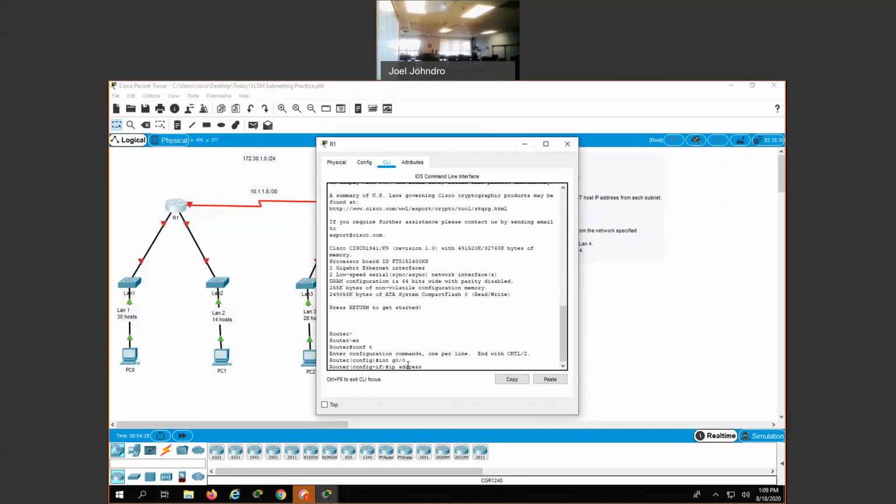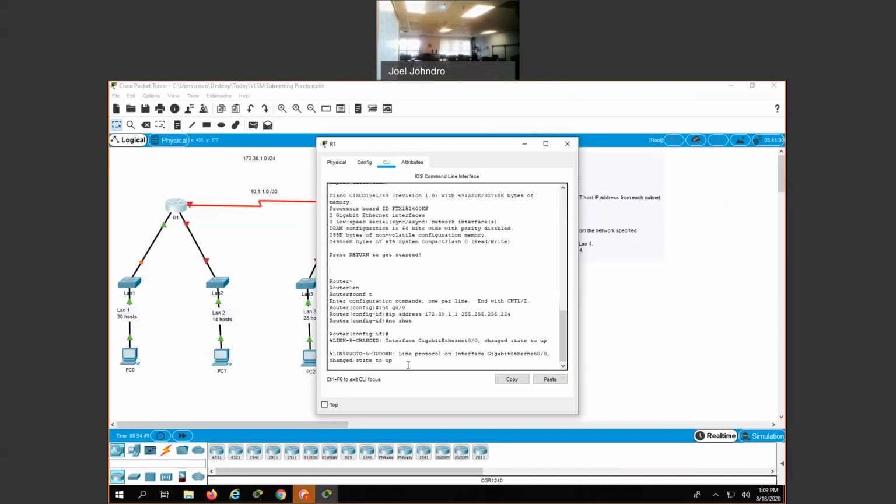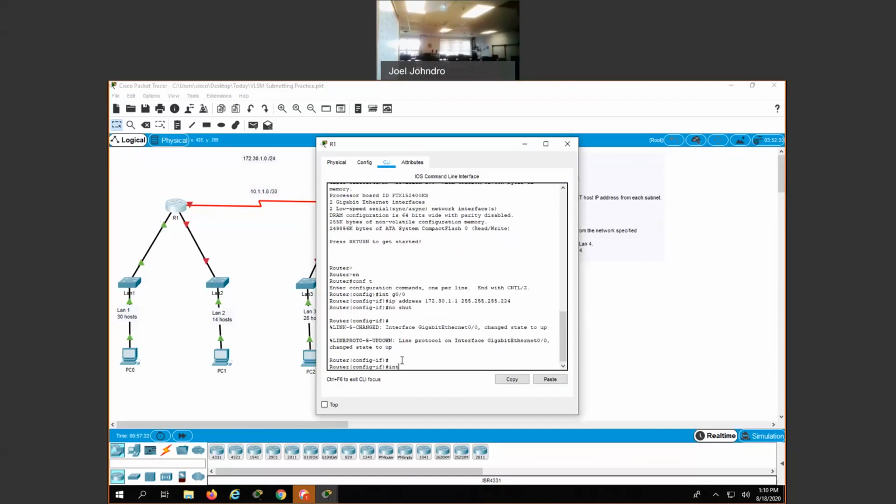And just assign the first usable IP address, which is 172.30.1.1. Subnet mask is 255.255.255.224. And let's enable it by typing no shutdown. And in time, it'll turn all green, just like that. Okay, so let's go to interface gigabit 0/1.